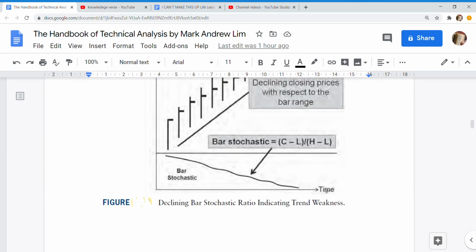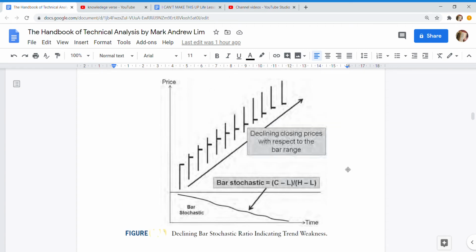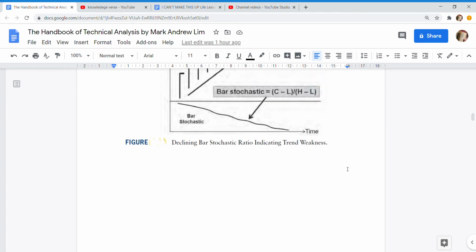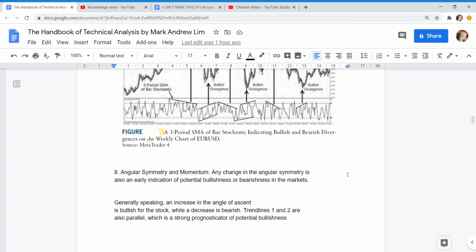8. Angular symmetry and momentum. Any change in the angular symmetry is also an early indication of potential bullishness or bearishness in the markets.